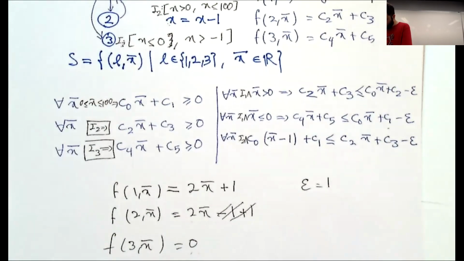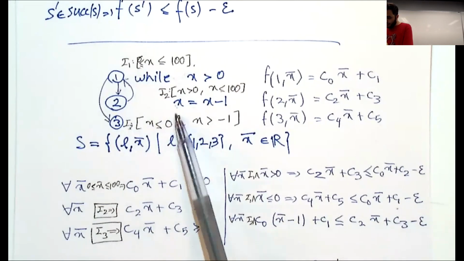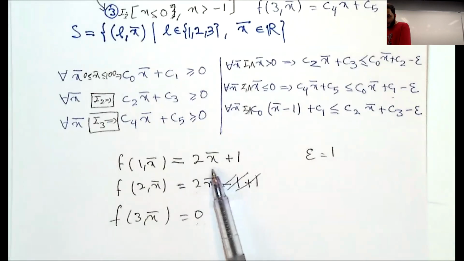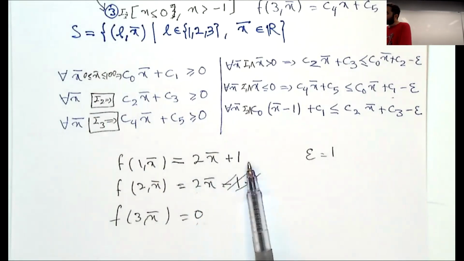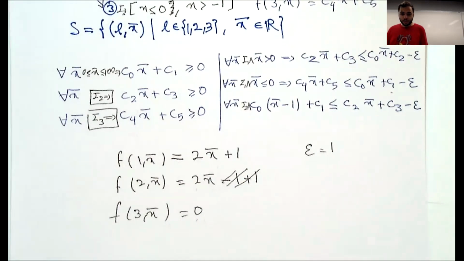So it has decreased by 1. And what happens when I go from 2 back to 1? Well, x is decreased by 1. So now I have 2 times x minus 1 plus 1, which is less than 2 times x, which I had before. So this is a ranking function.